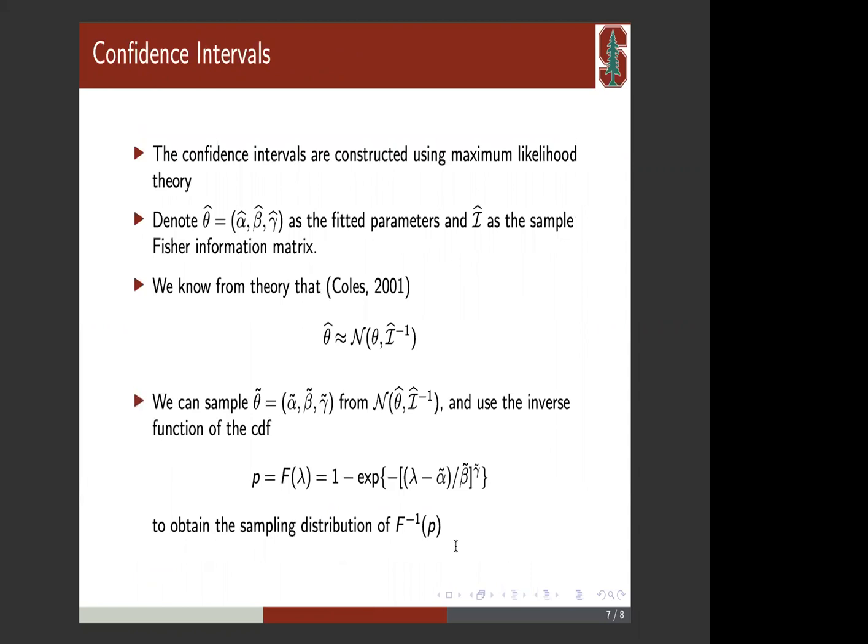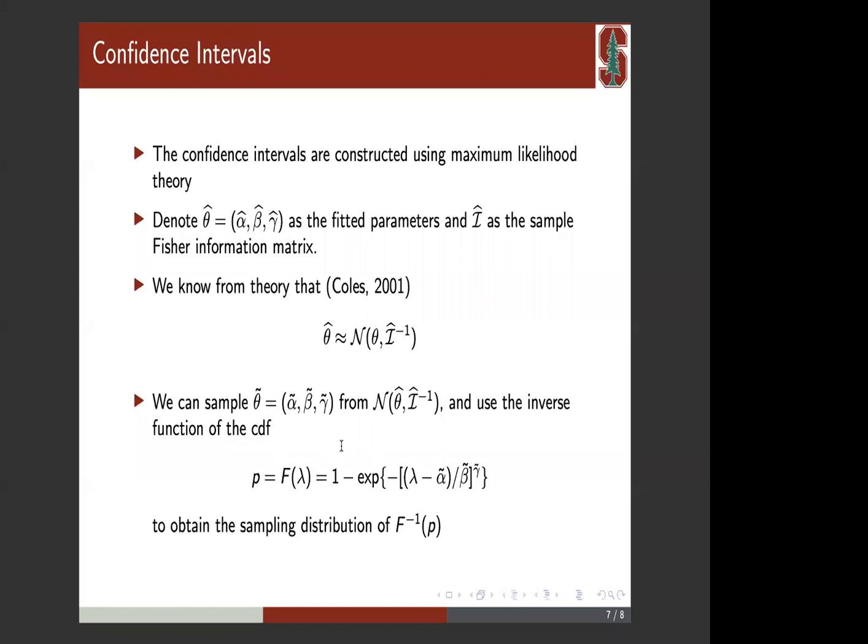Besides obtaining the fitted parameters, we can also obtain the confidence intervals following the maximum likelihood theory. We know from theory that the maximum likelihood estimators approximately obey the multivariate normal distribution centered at the true underlying ground truth parameter theta, with a variance that can be approximated as the inverse of the sample Fisher information matrix.